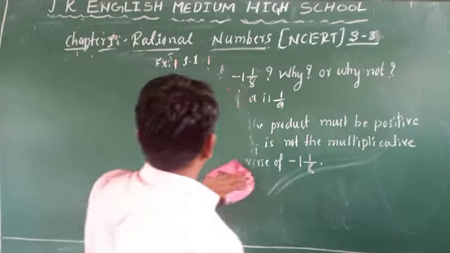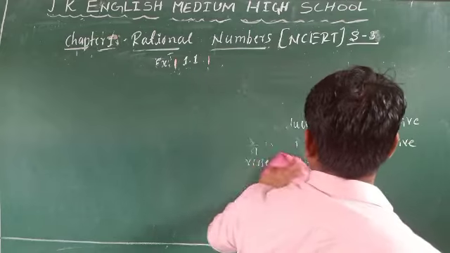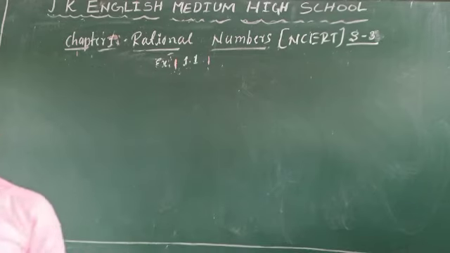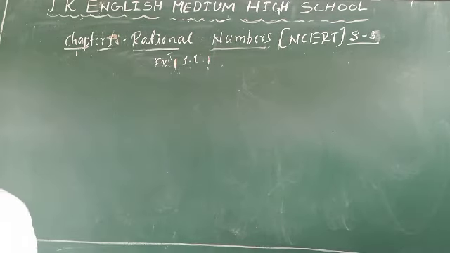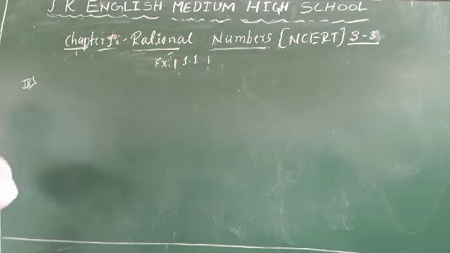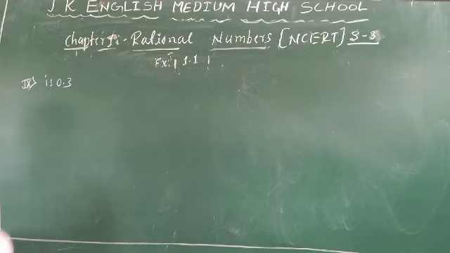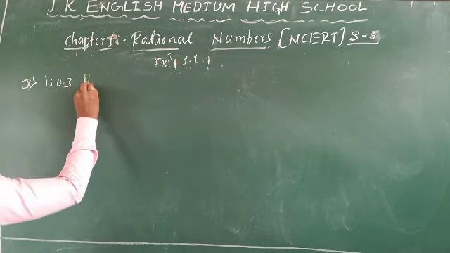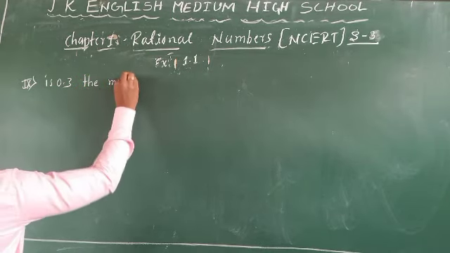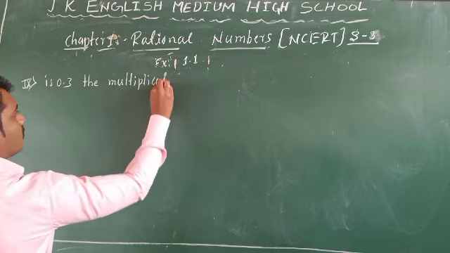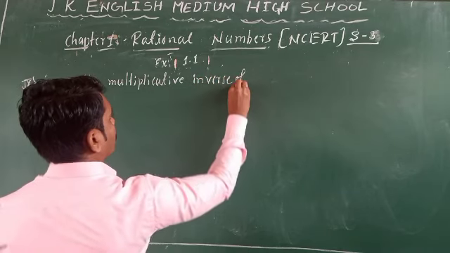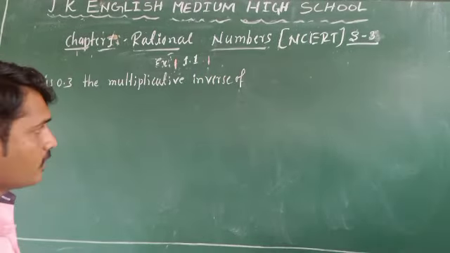Okay, children, shall we go for question number 9? Question number 9 is also totally different from question number 8. It is: the multiplicative inverse of 0.3 is 3 integer 1 upon 3.